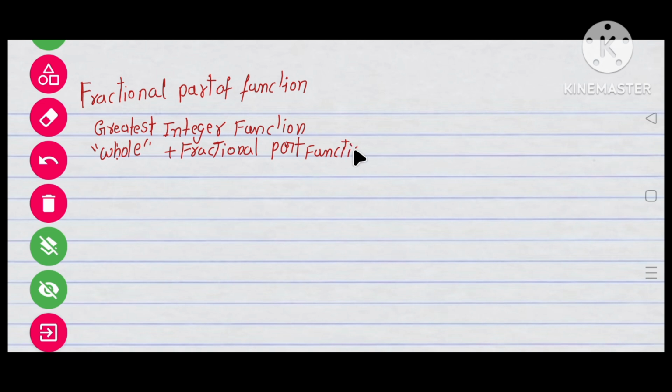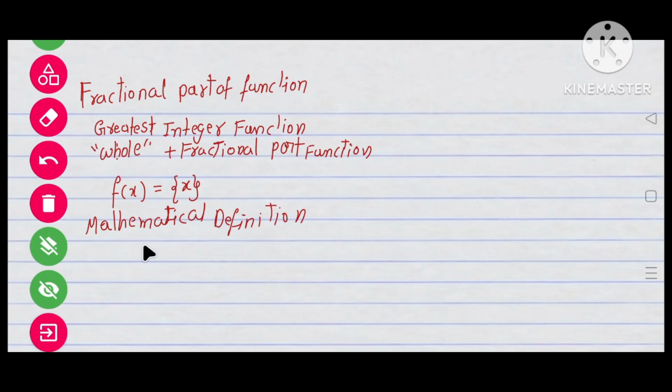It is represented by f of x equals the curved bracket x, which means the fractional part of x. What is the mathematical definition of the fractional part of x? The fractional part of x is defined as the difference between x and its floor. Its floor means the step function.